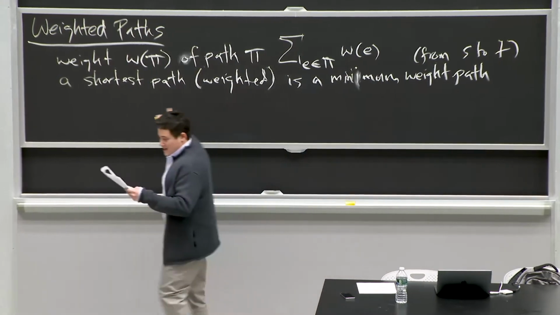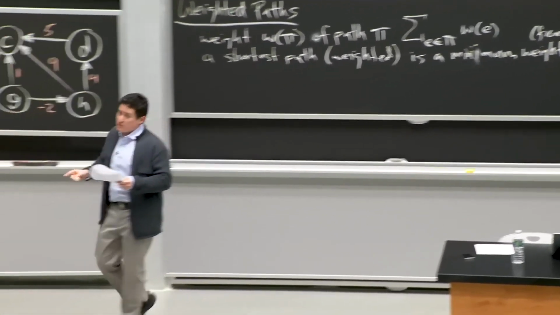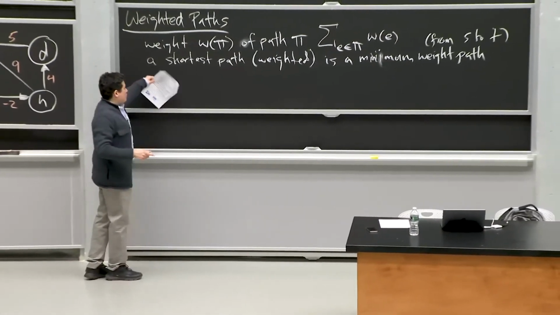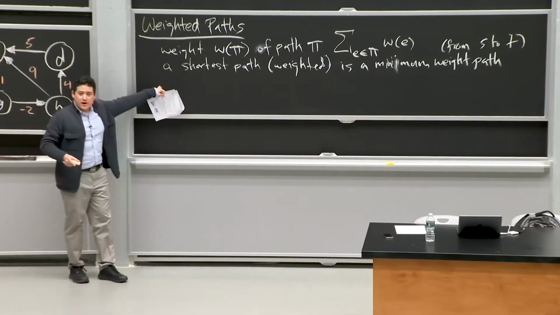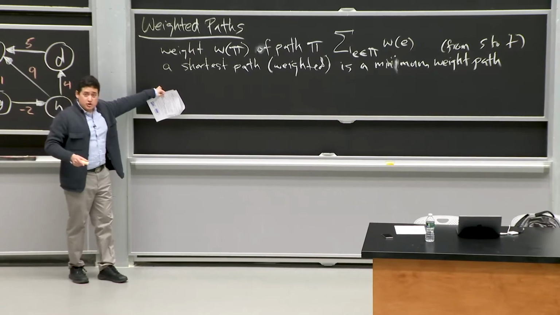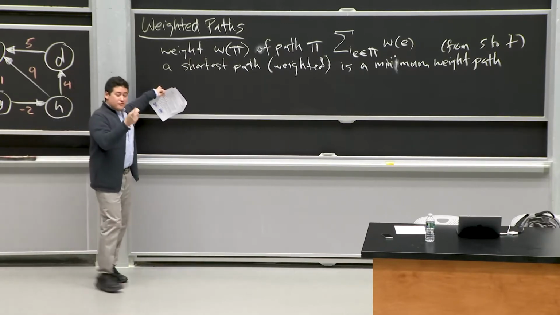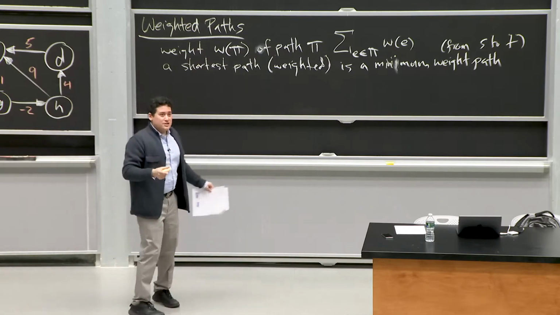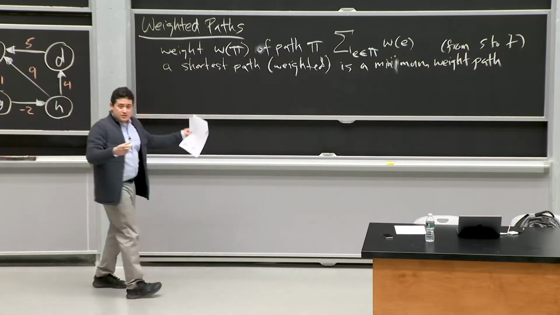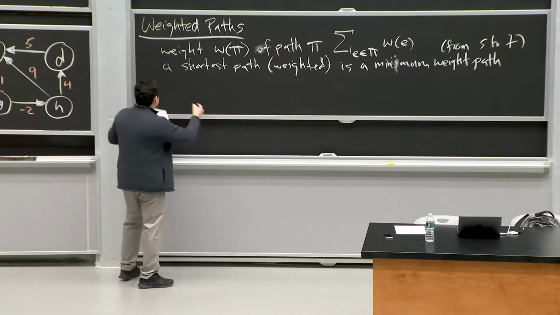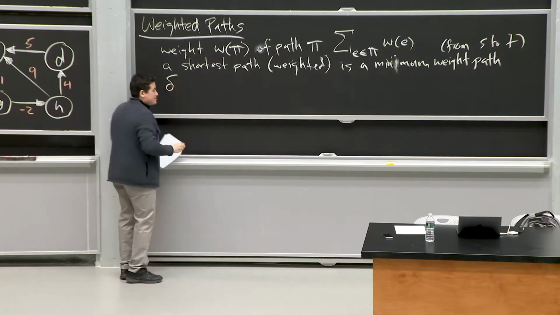Nothing too interesting here, but there are actually some subtleties we have to deal with. Just like we did with breadth first search when we talked about shortest paths, we're going to define an expression for the distance, or the shortest path weight, between 2 vertices. I'm going to represent that by a delta, right?